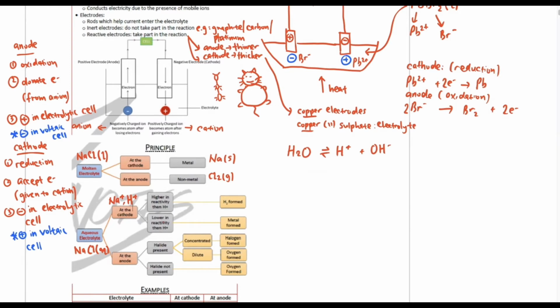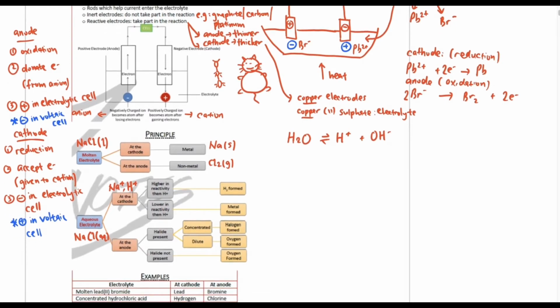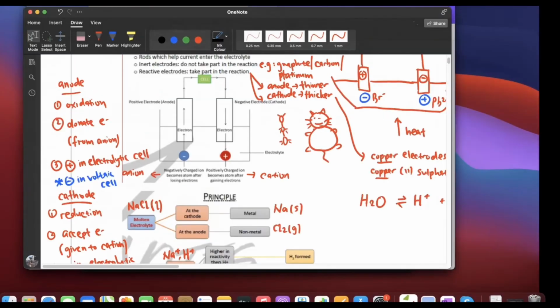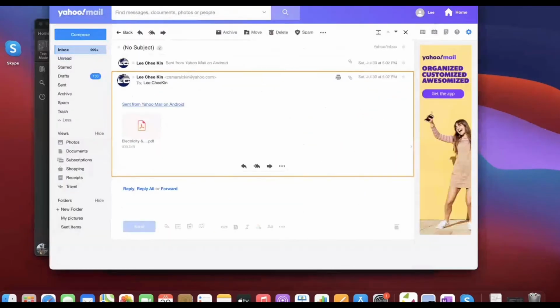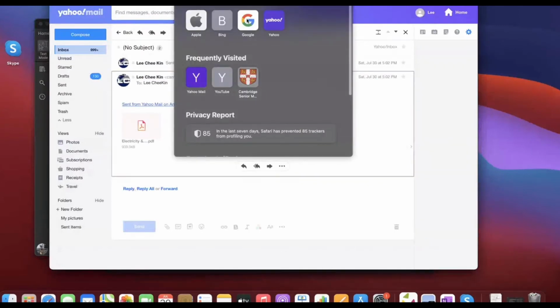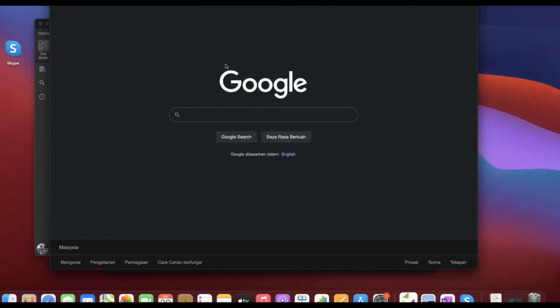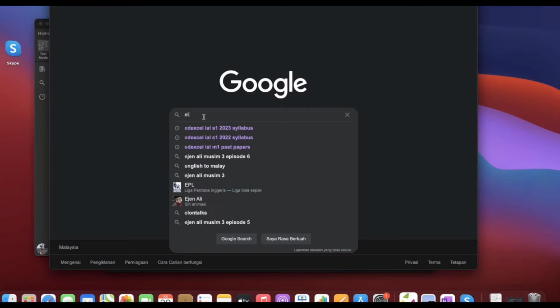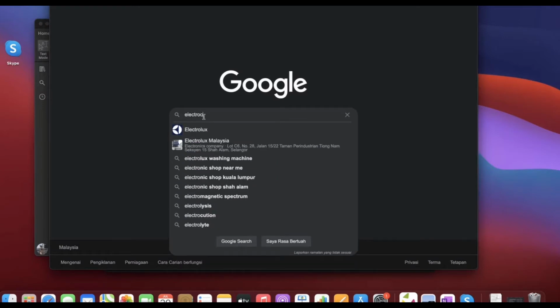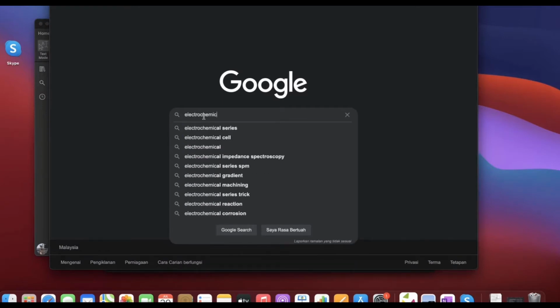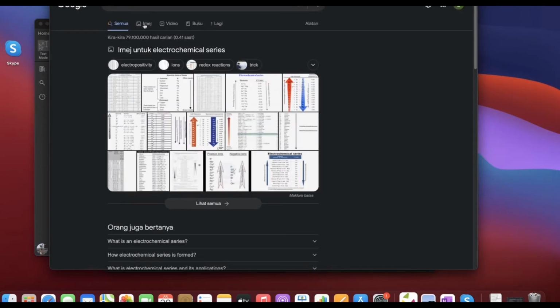Let's take a quick look. We look at the website to find out the electrochemical series. Okay, so let's see. Let's see the image.